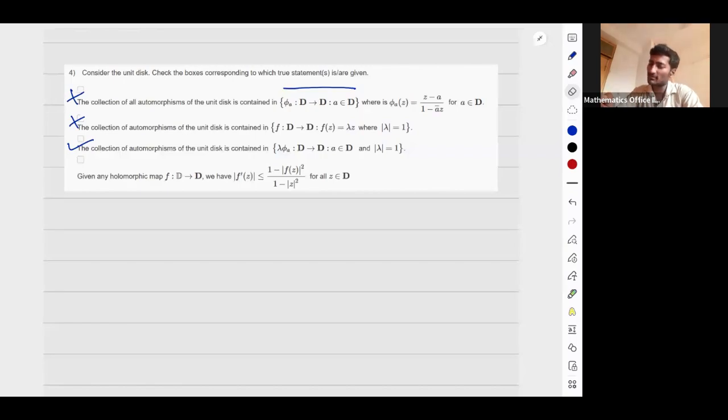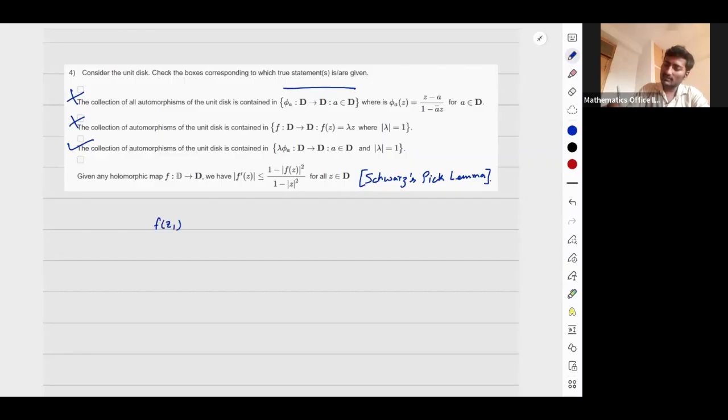For a holomorphic function, actually, this is a theorem in Schwarz lemma, or a corollary of Schwarz lemma. Another version of Schwarz lemma, the Schwarz-Pick lemma. It is known this way, but it directly follows from Schwarz lemma. What happened to this?